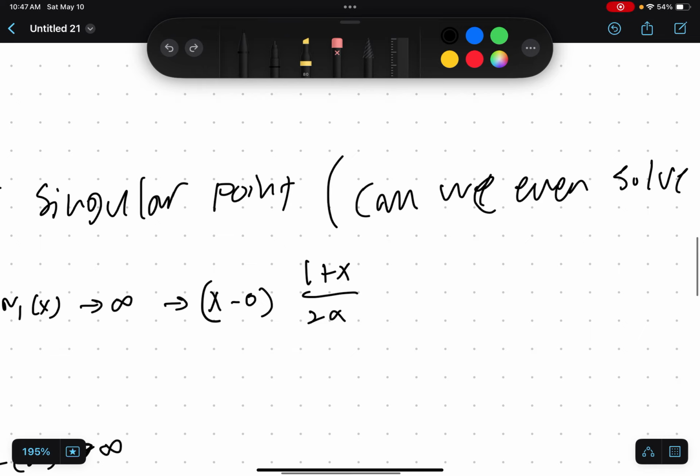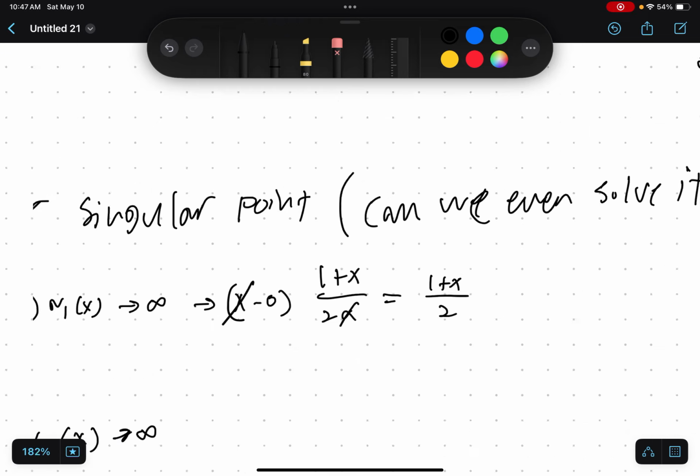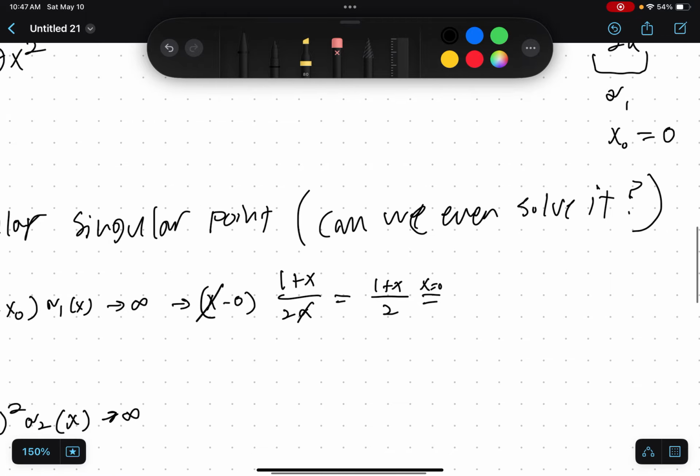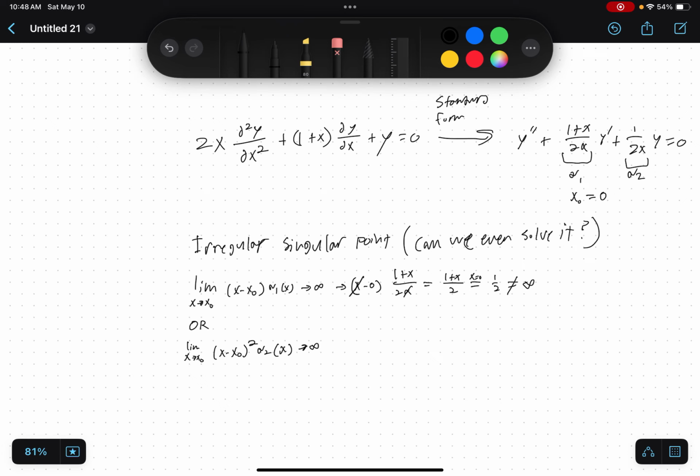So this equals 1 plus x over 2, because that x cancels out. And if you plug in 0, you get 1/2, which doesn't equal infinity.